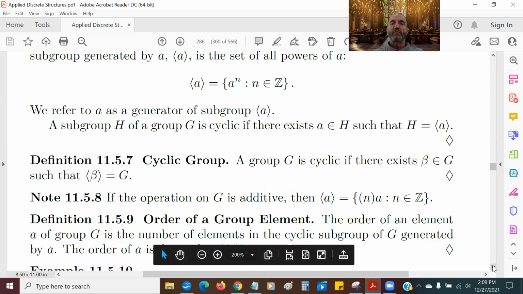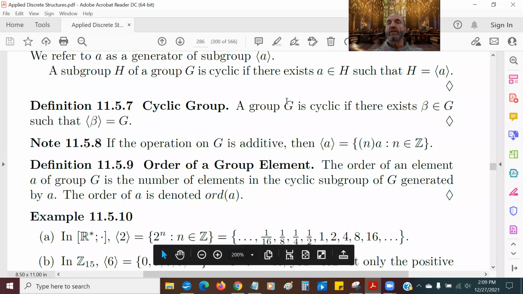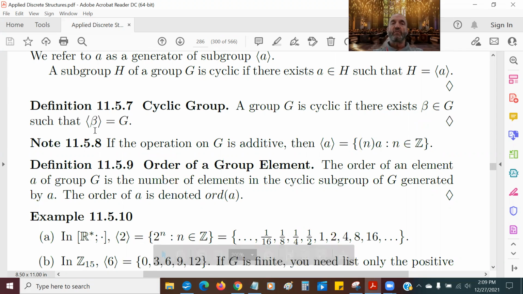Let's get some definitions under our belts. If G is cyclic, then there exists a beta such that beta generates G, which means the powers of beta form all of G. So G itself could be the cyclic subgroup.